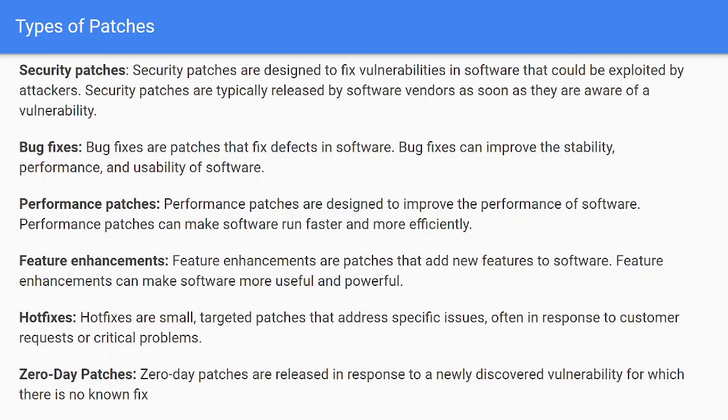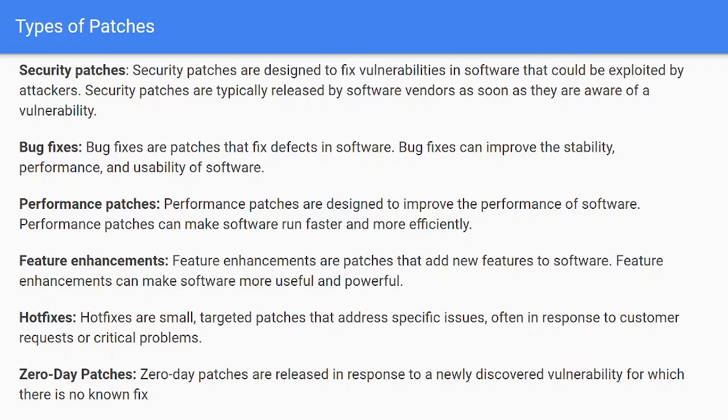Number two, we have bug fixing. Bug fixes are patches that fix defects in software. Let's say there's an issue, maybe when you try to upload a file using an application, it's always giving an error, and you're uploading the right file. The goal of the software vendor now is to go and fix why it is always giving an error when we are uploading the right file.